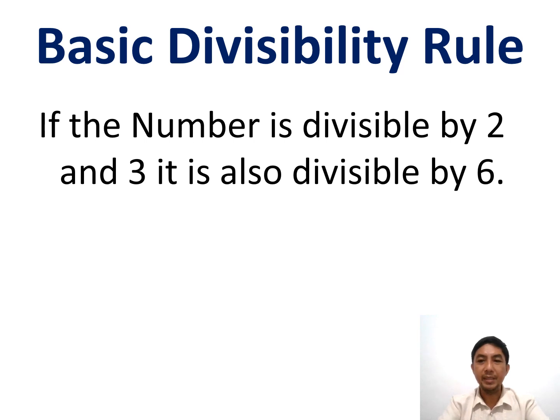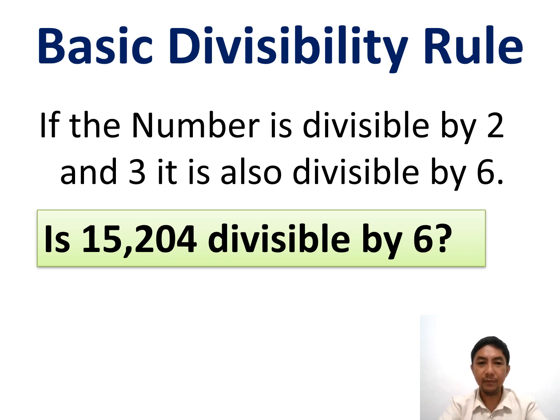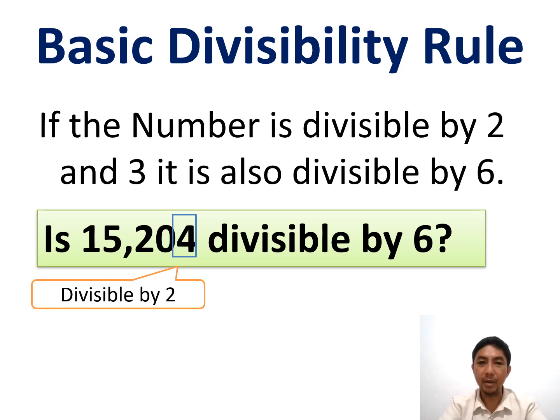Okay, divisibility by 6. If the number is divisible by 2 and 3, it is also divisible by 6. So for example, is 15,204 divisible by 6? The last digit is 4, which is divisible by 2. So check na ito.